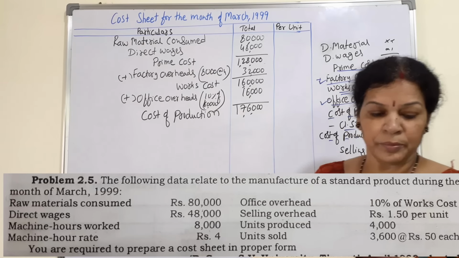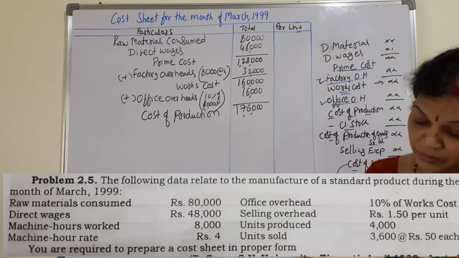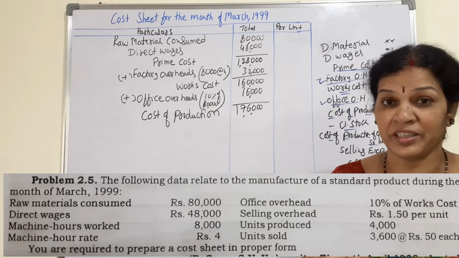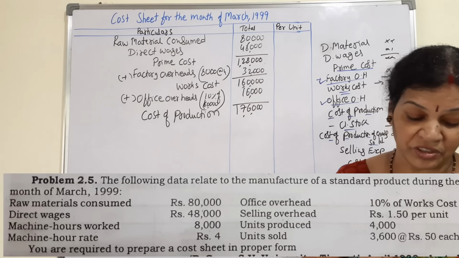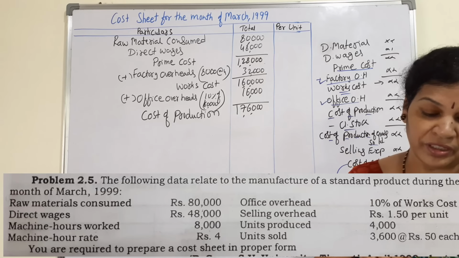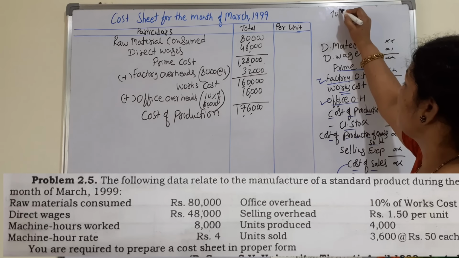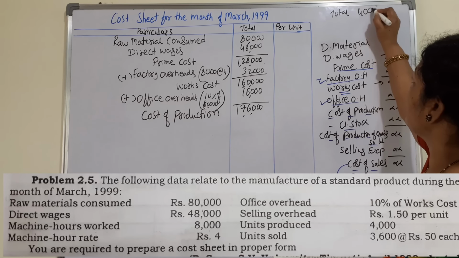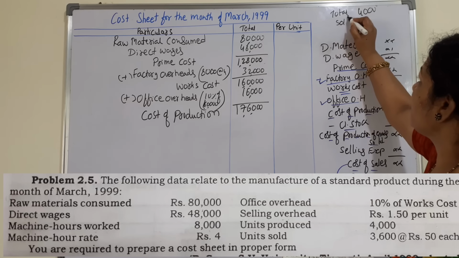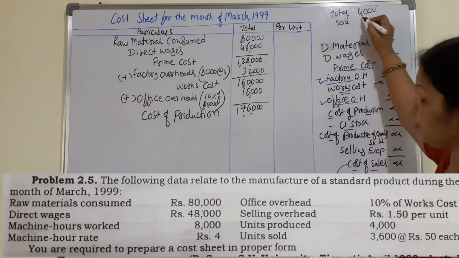Now here you see closing stock also, we have closing stock. They did not say anything, but there is a closing stock. How? Units sold is 3,600. Total units are 4,000. Out of that sold is 3,600.